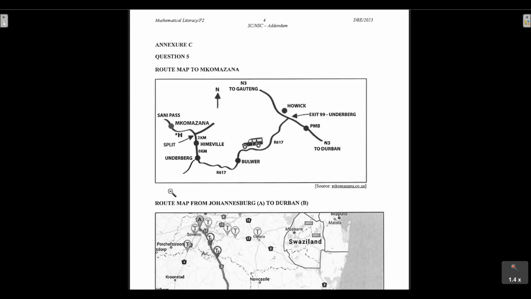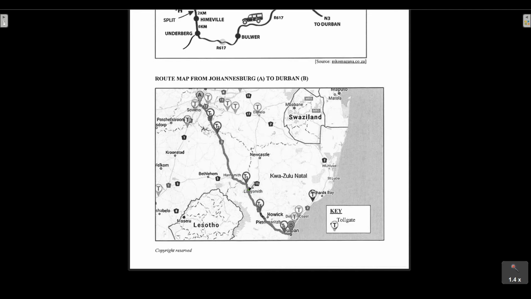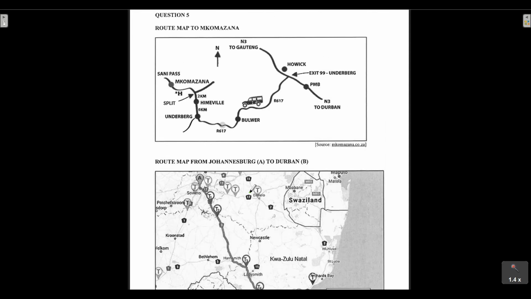Because remember, this route map helps us see where we exit, okay? And that is going to be very important information when we are analyzing the map with the toll gates, most especially when we want to determine how much they will pay for the toll gates.